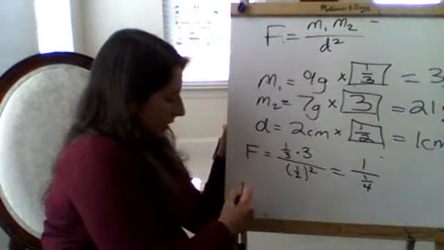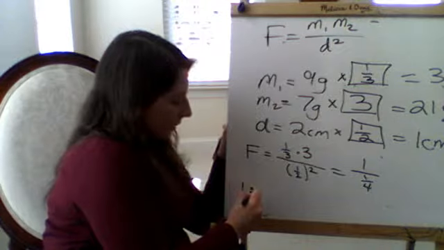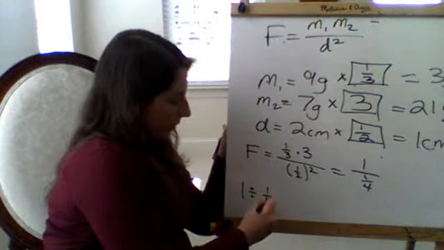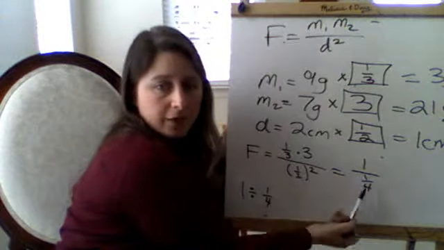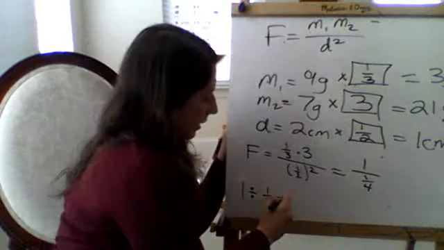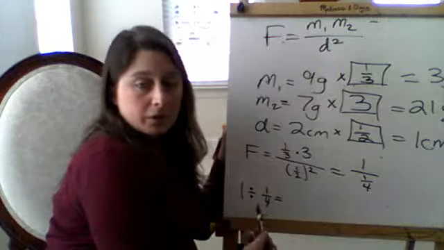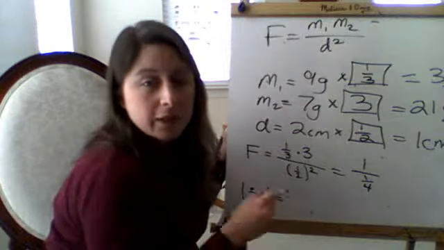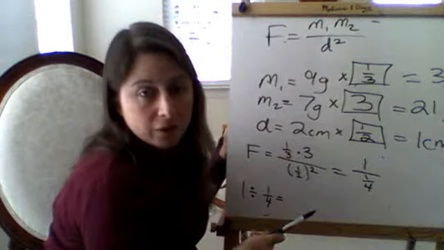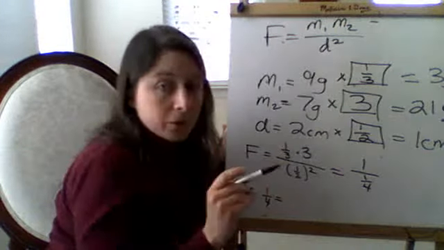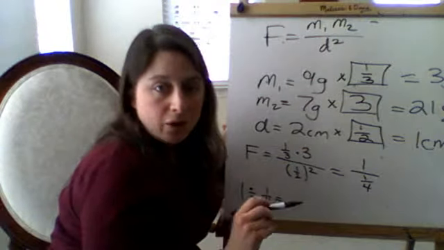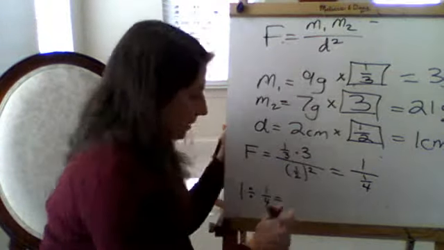So I could just say this. 1 divided by 1/4, right? That's what this means. 1 divided by 1/4 equals what? You know, when you're dividing by a fraction, what you're really doing is multiplying by the reciprocal of the fraction. So the reciprocal of 1/4 is 4 over 1, right? You just flip it over to get the reciprocal.